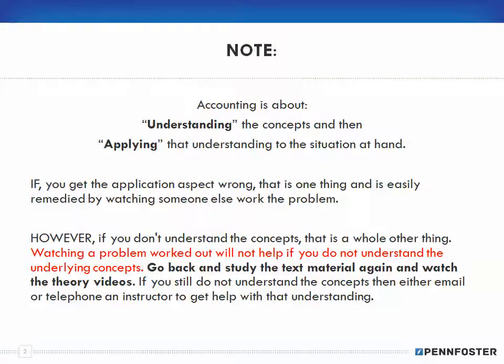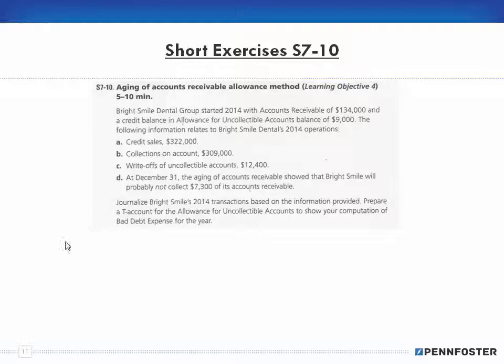All right, so we finished off with problem 9 in the last video, so we're on 10 here. It says, Bright Smile Dental Group started 2014 with accounts receivable of $134,000 and a credit balance in the allowance for uncollectible accounts of $9,000.